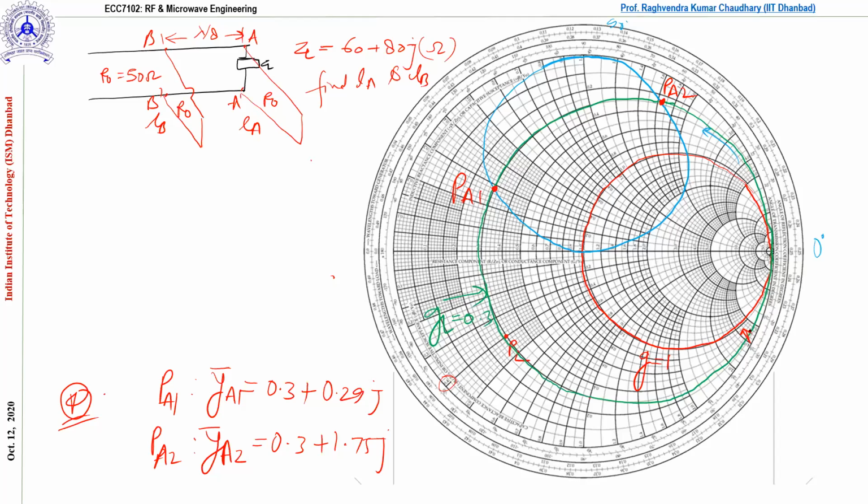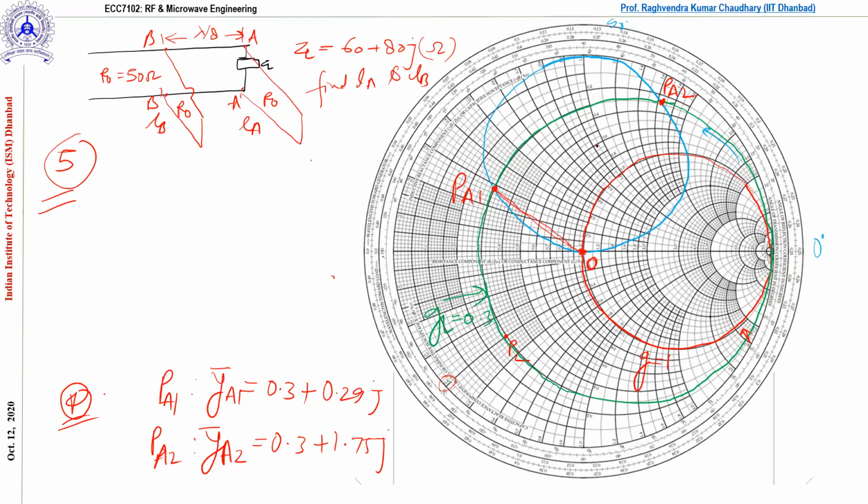Correct. Now, the next is step number 5. What you need to do? You need to use your compass and consider this point O, the center point, and take this much radius, and translate this point over the G equal to 1 circle.